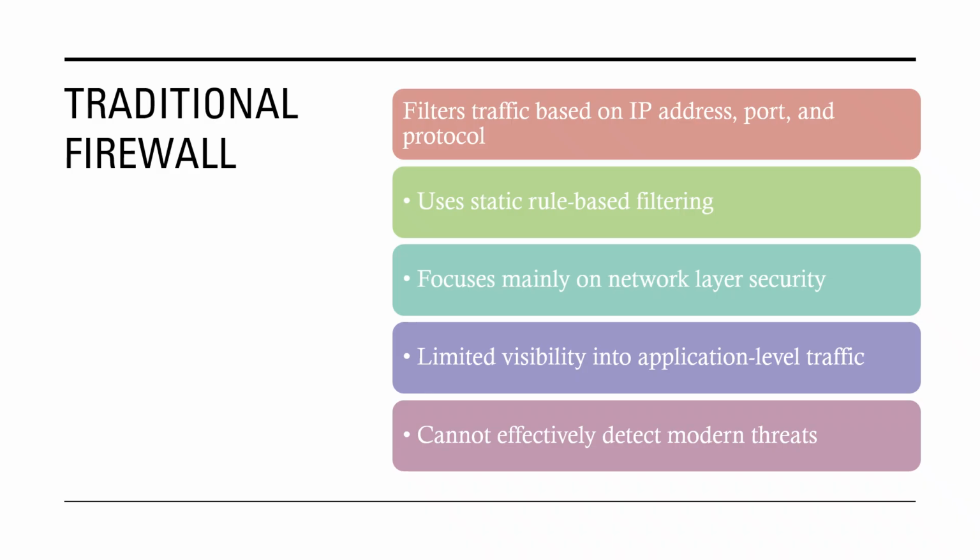Another limitation is that the traditional firewall cannot effectively detect modern threats. Traditional firewalls don't have anti-malware ability, they don't have the ability to do sandboxing, and they don't have IPS, the intrusion prevention system.